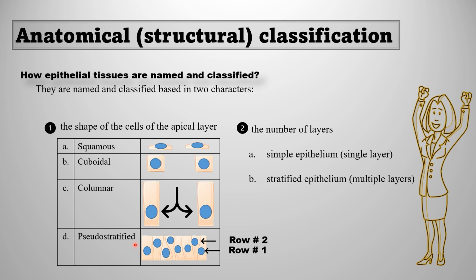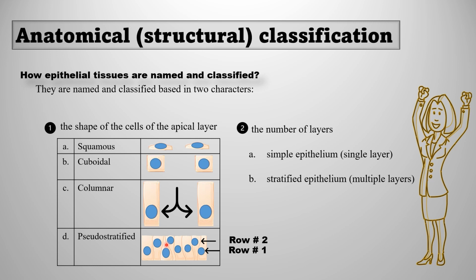Again, these cells are in fact columnar cells. The only problem is that there are two types of columnar cells. One of them is dominating the other because it is taller than the other. So it appears as if there are two different types of cells, which is not the case.